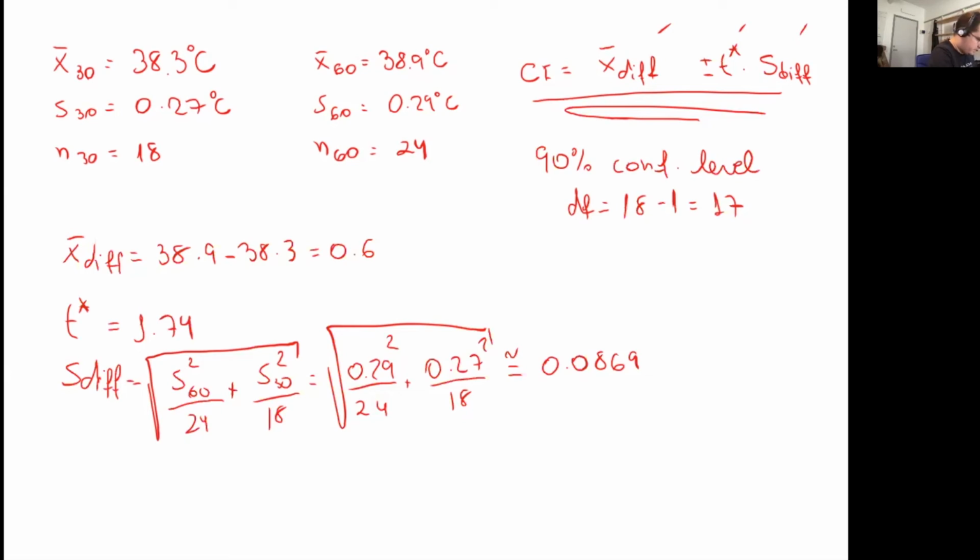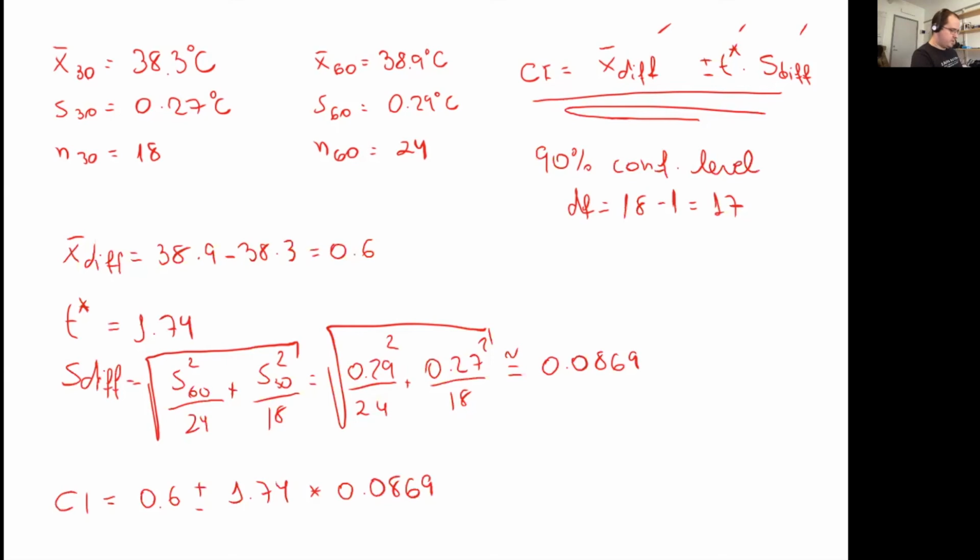All I need now is to just say, okay, my confidence interval is 0.6 plus or minus 1.74 standard errors times 0.0869, and that makes sense, right?